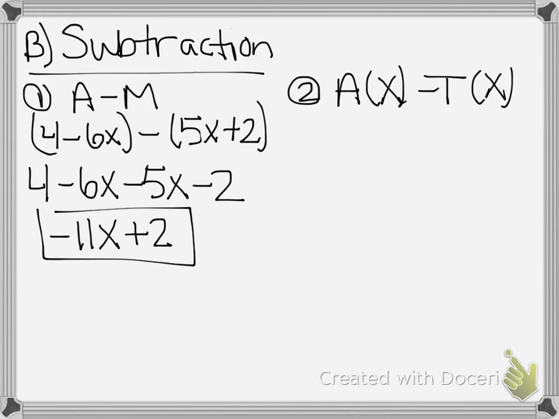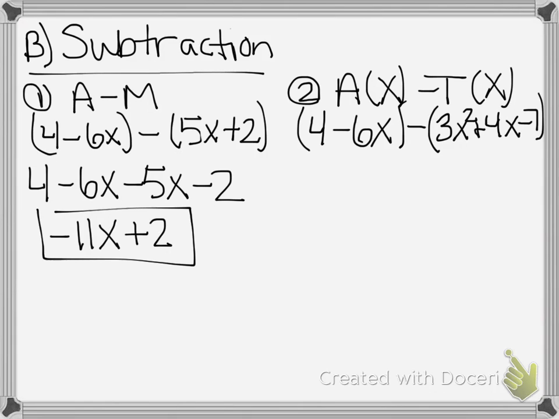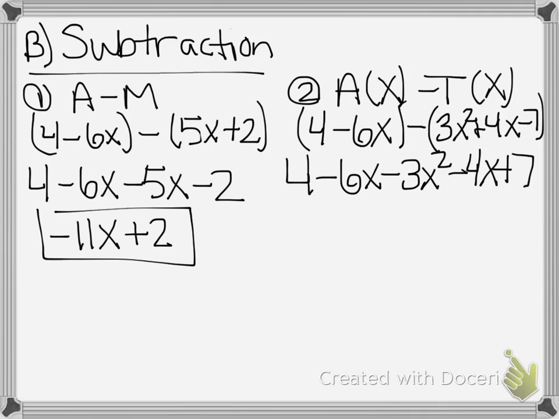Again, substitute in 4 minus 6x minus parentheses 3x squared plus 4x minus 7, and then distribute the negative. 4 minus 6x minus 3x squared minus 4x plus 7. Combining like terms here. Negative 3x squared minus 10x plus 11.